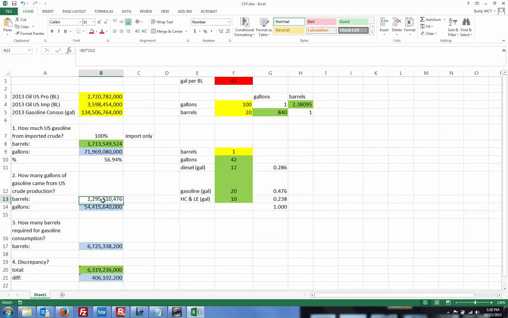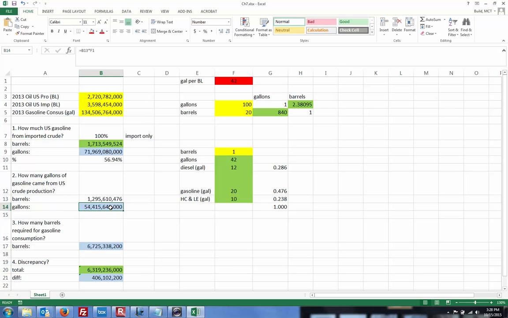And you just inspect those numbers, say, okay, 1.3 is a little less than half of 2.7. That looks good. Again, I'm going to go ahead and do that same conversion we did above, times 42, enter.